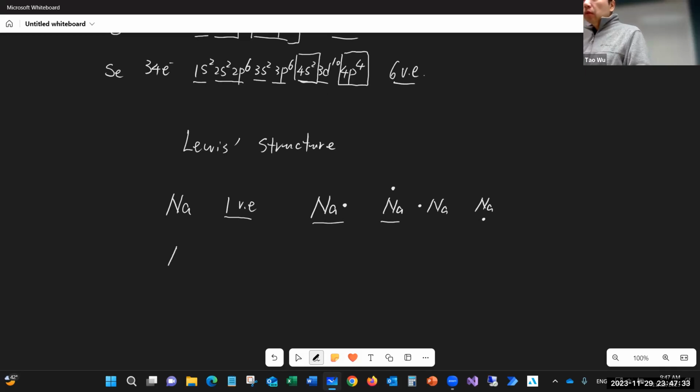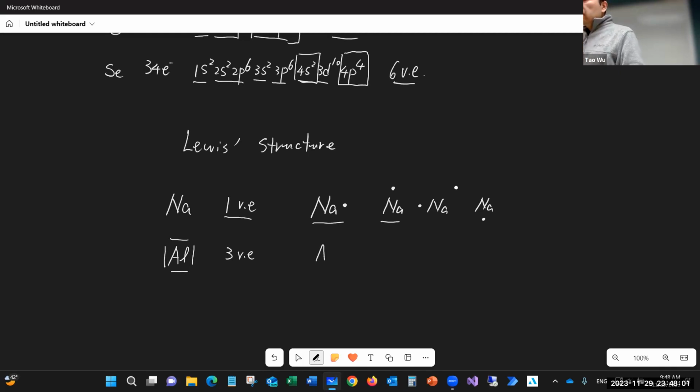That's sodium. If we talk about aluminum, aluminum is a 3A group, so this guy has 3 valence electrons. And again, when you assign more dots, we need to assign one single dot on each side of the element. Usually the element has 4 sides, right? So you put one single dot on each side first.